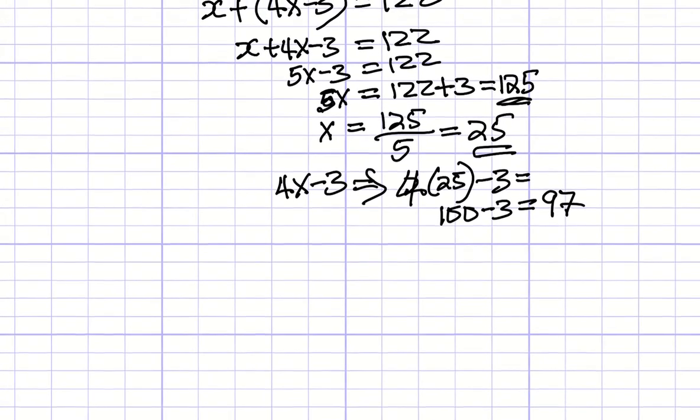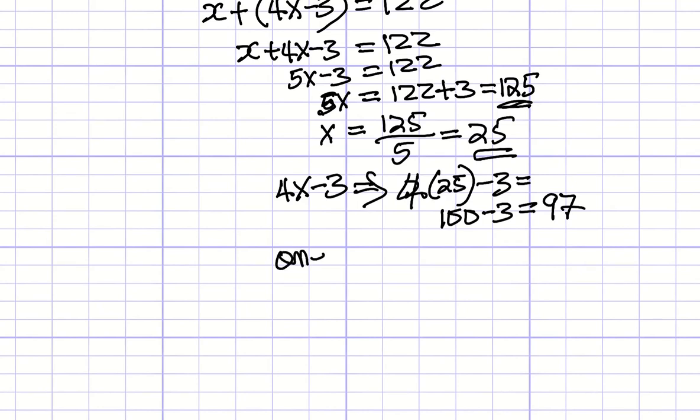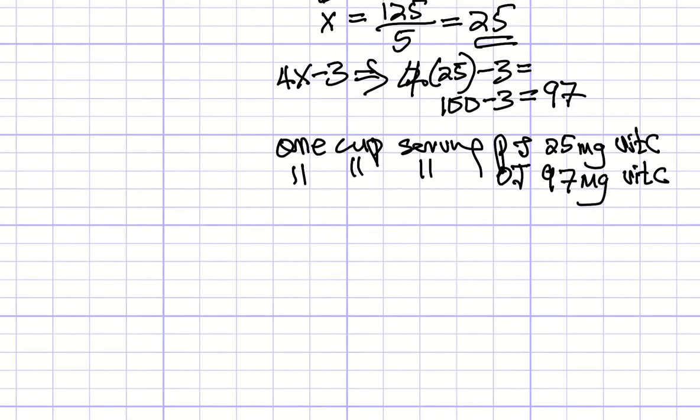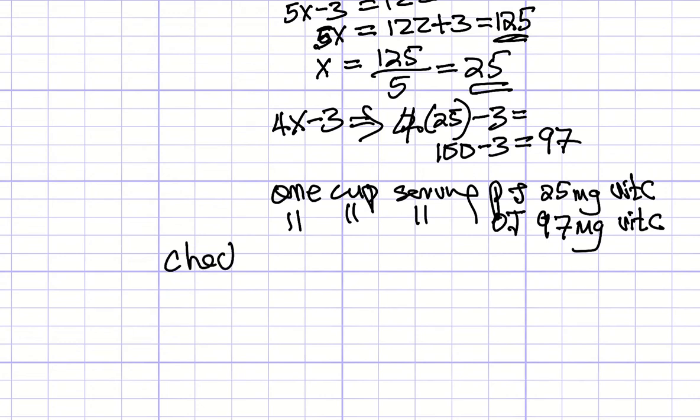So basically that is saying that a 1 cup serving of pineapple juice contains 25 mg of vitamin C, and a 1 cup serving of OJ contains 97 mg of vitamin C. Since the total is 122, if you check it and add them, 25 plus 97, it should give you 122.